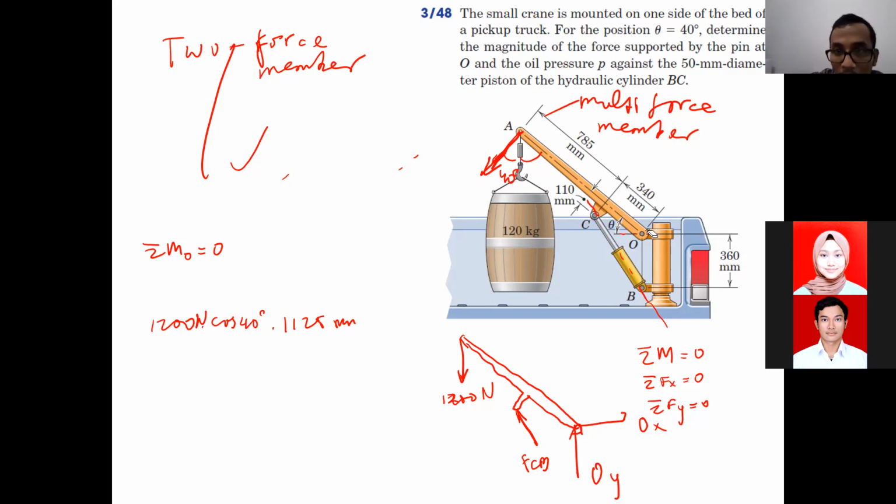Oke, ini bentuknya seperti ini ya, berarti. Dari sini ke sini adalah 360, kemudian dari sini ke sini adalah 340, 40 derajat ya, di sini. Kemudian dari sini ke sini tegak lurus 110.